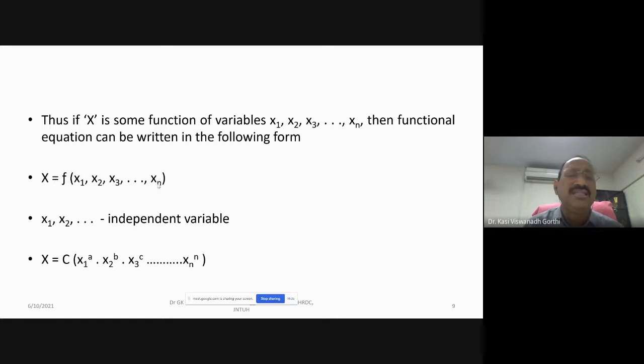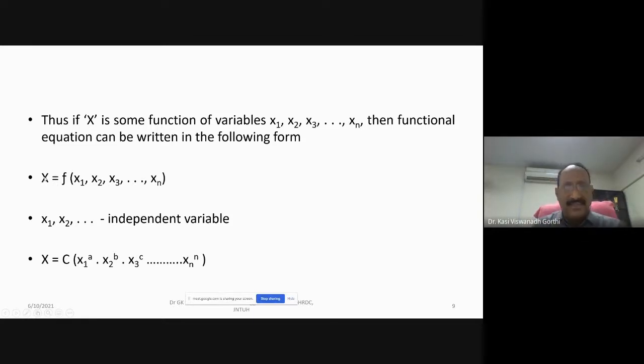Please note that all these independent variables are separated by commas here. So you established the functional relationship between the dependent and independent variables involved in a physical phenomena.